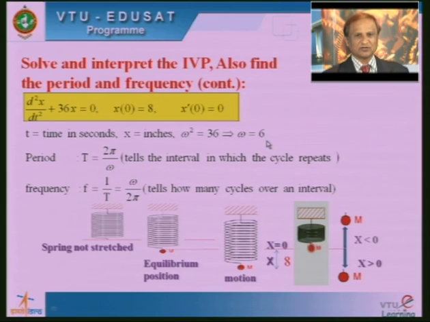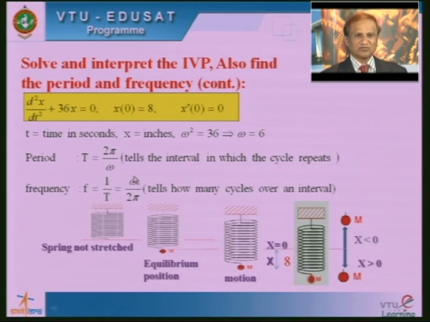Omega square is equal to 36, or omega is equal to 6. How are we going to calculate the period? As I have mentioned, you want to use 2 pi by omega, which tells the interval in which the cycle repeats. And we can calculate the frequency by using this formula, 1 divided by T, that is equal to omega divided by 2 pi.